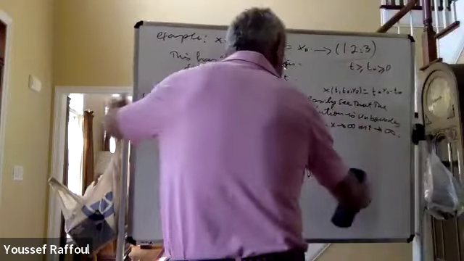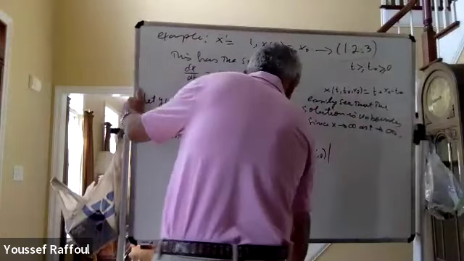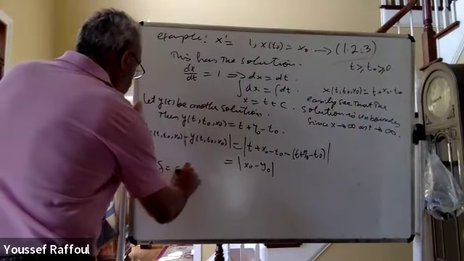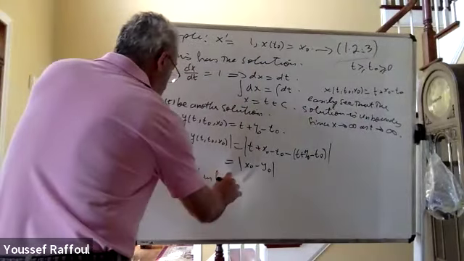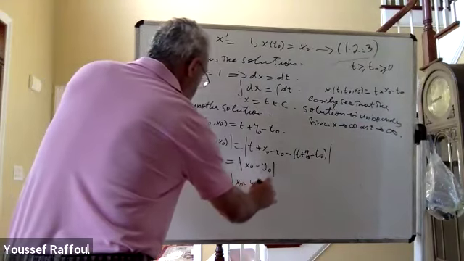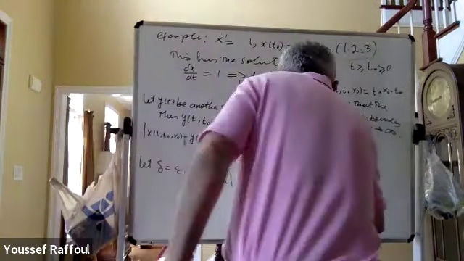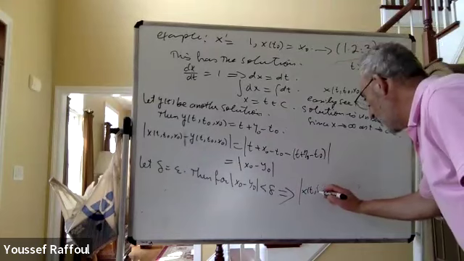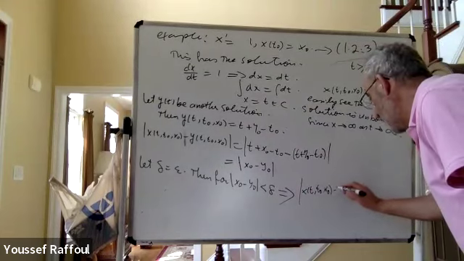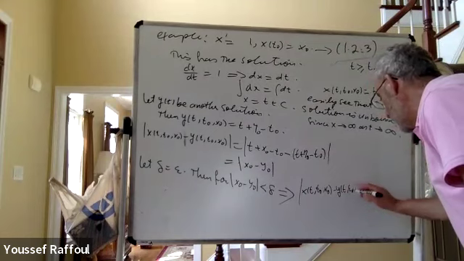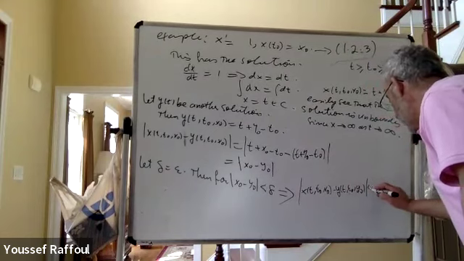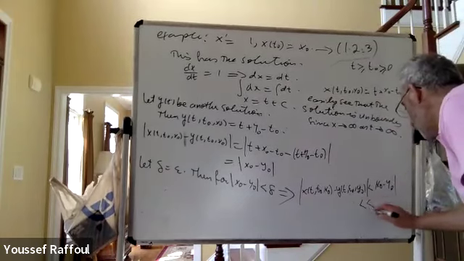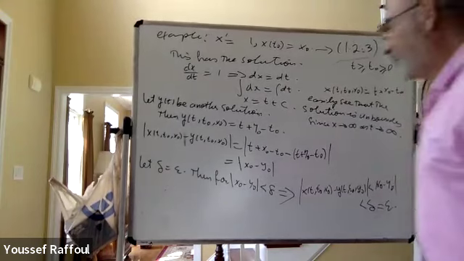So here's what you do. You say let delta equal to epsilon. Then for the absolute value of x naught minus y naught less than delta, implies from here the absolute value of x(t, t naught, x naught) minus y(t, t naught, y naught) is less than the absolute value of x naught minus y naught, that is less than delta, which is equal to epsilon.